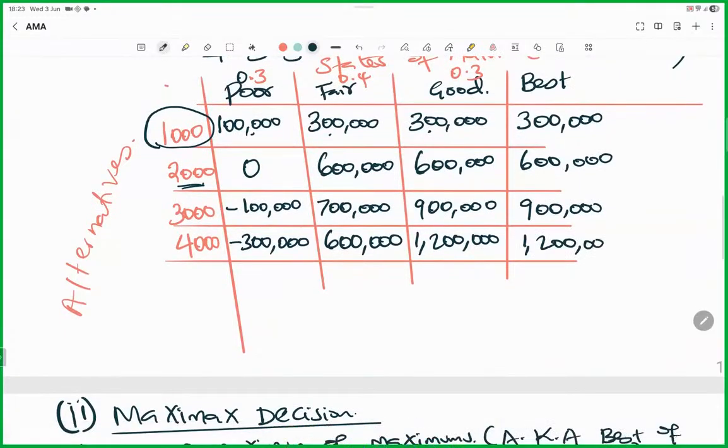He doesn't stop there. This is a very optimistic individual. Because he can only go for one alternative at a time, he will settle for the best of the very best. That's why we call it maximum of the maximums.